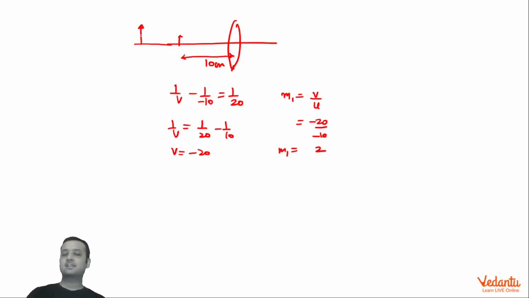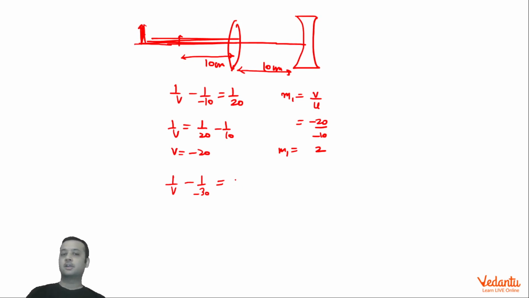Now this will act as the object for the concave lens, and this distance was given as 10 centimeters. So the object distance for the concave lens will be 30, because this distance is 20 and this is 10. Let's apply the same formula: 1 by v minus 1 by u, with u equal to -30, since this serves as the object 30 centimeters behind, equals 1 by f. f is -20 for concave.